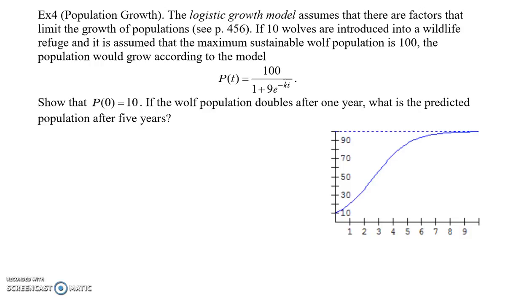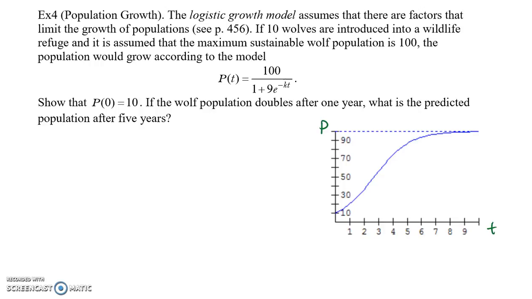So the curve is showing the wolf population as a function of time in years, and you can see it's leveling off as you approach the 10-year mark. Show that P of 0 equals 10. That is, the initial wolf population is 10 according to this model. If the wolf population doubles after 1 year, what is the predicted population after 5 years?